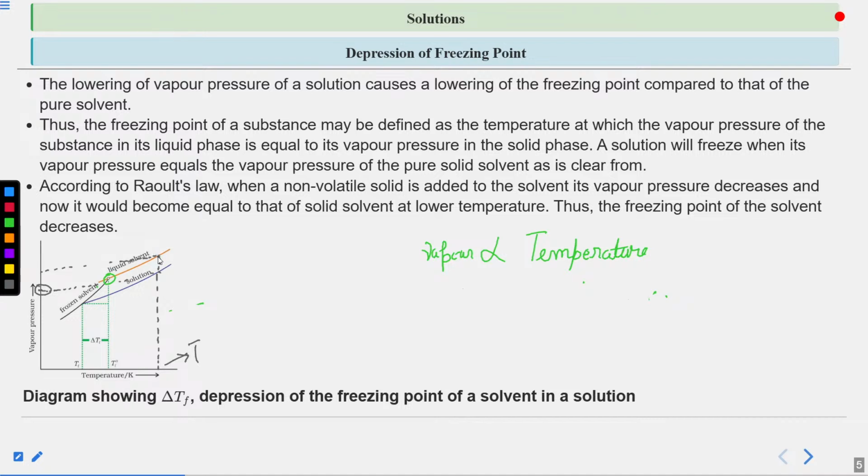So we can mark it here. We can easily see that at the same temperature the liquid solvent has a higher vapor pressure, and due to this reason only it is striking the frozen solvent's vapor pressure easily and earlier.